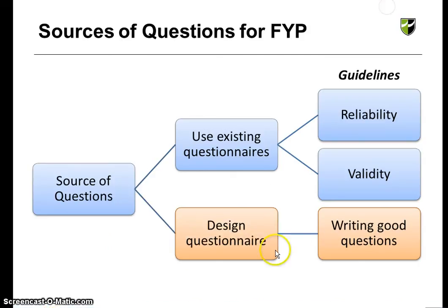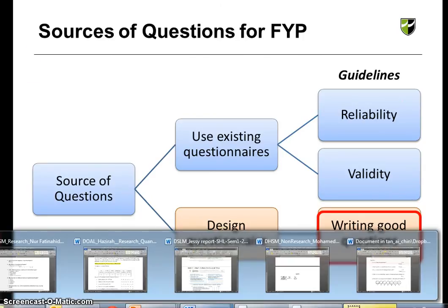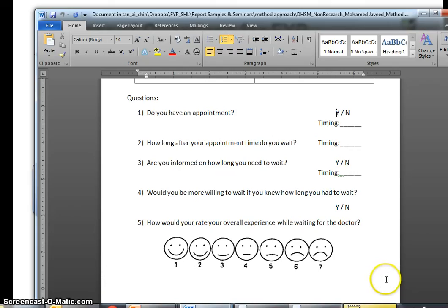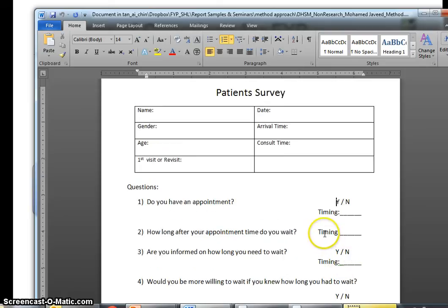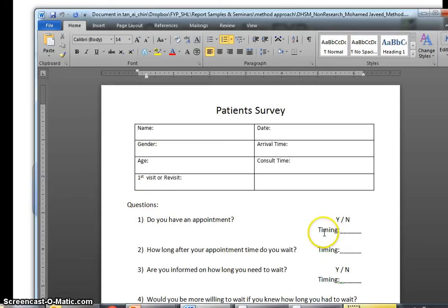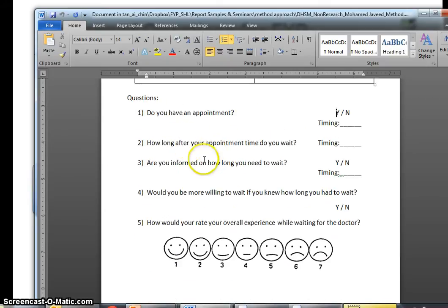Now, in the case of designing your own questionnaire, this is how it can look like for past FYP students. In this case, this is a DHSM paper survey. It looks simple, but there are actually a lot of data points collected. Survey is only one of them. So it's a 5-question survey.